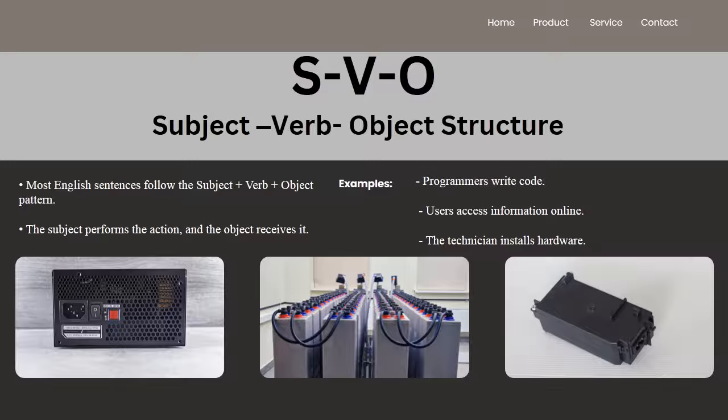For example, in the technician installs hardware, technician is the subject and he is doing the action. Installs is the action done by the technician, that is to say, the subject, and it is the verb, and hardware is the object that receives the action from the subject, that is to say, from the technician. This clear structure makes English logical and easy to understand, especially in technical writing and documentation.